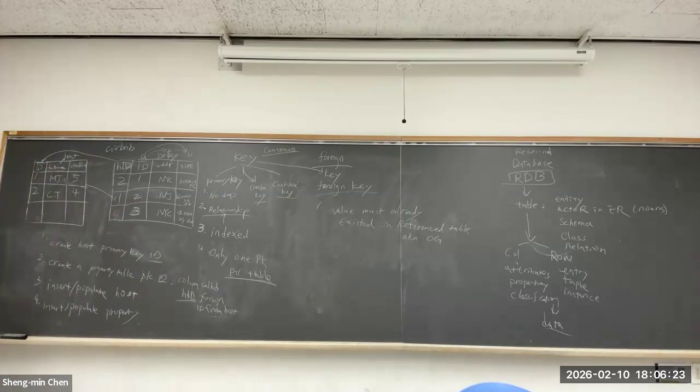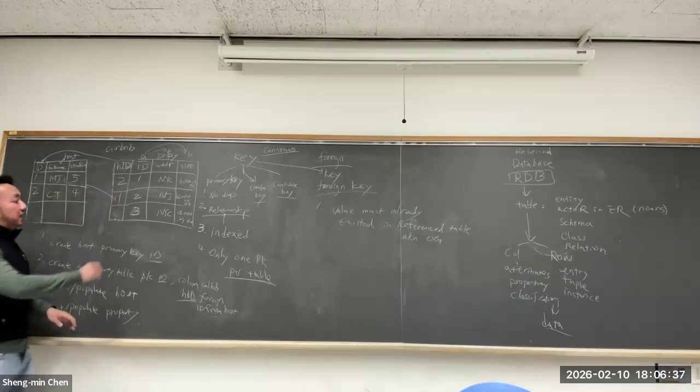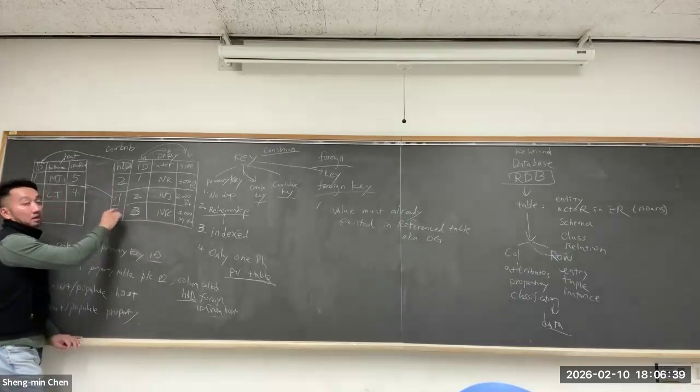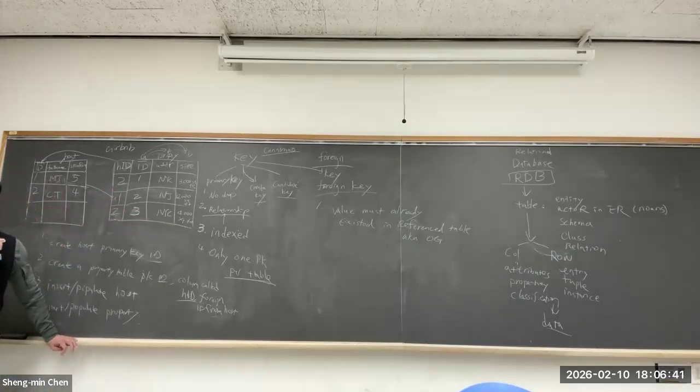We want to store data in a certain design so that redundancy is eliminated, so that not too many records are stored repeatedly. For example, can I have two houses by the same owner? I can. There could be two houses by the same host. That's totally fine.